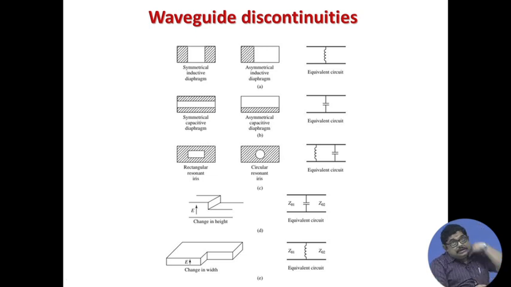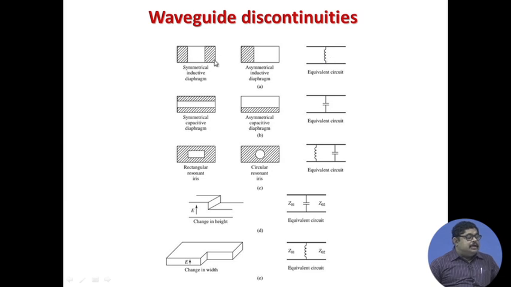Now, this is in the microwave domain. An inductor is formed in a rectangular waveguide if you have a diaphragm, that means these portions are metal. Actually the whole thing was open, but if you block some portion of it like this, it gives you an inductor.